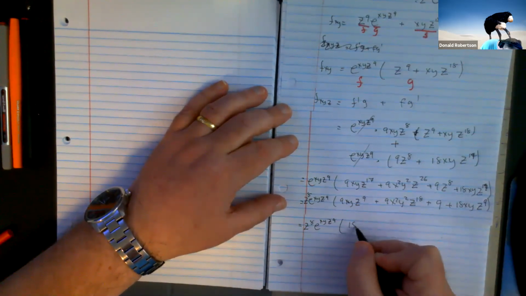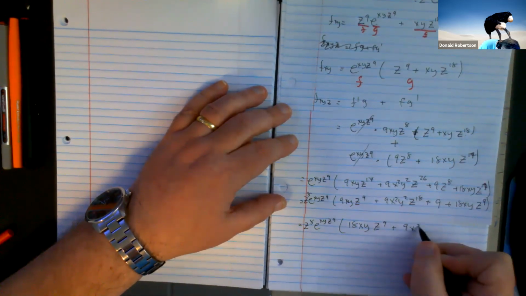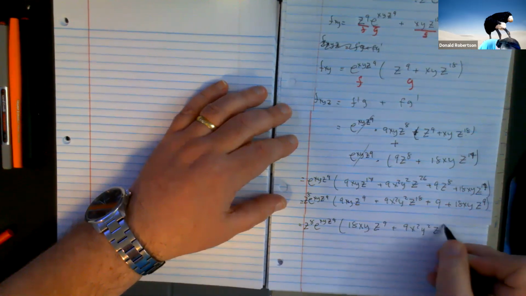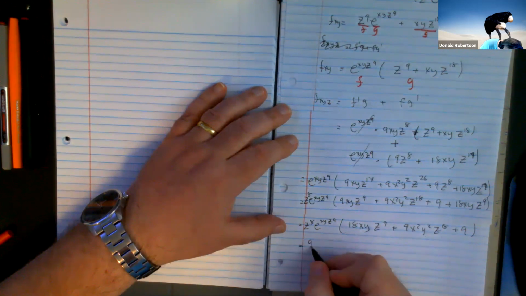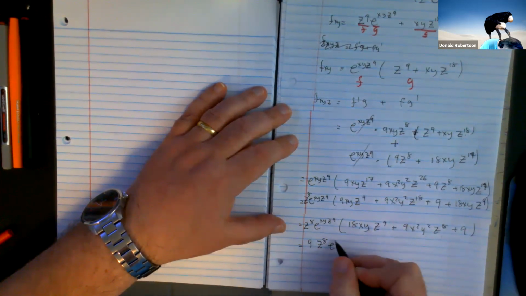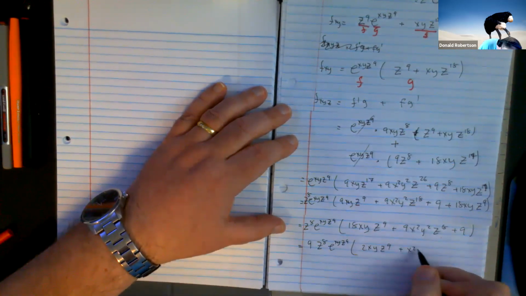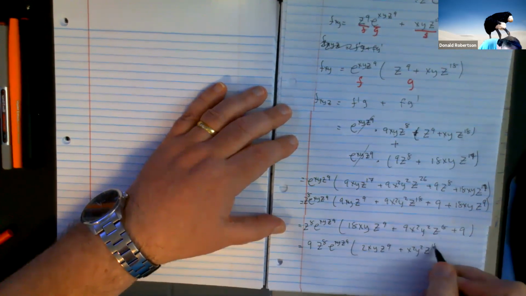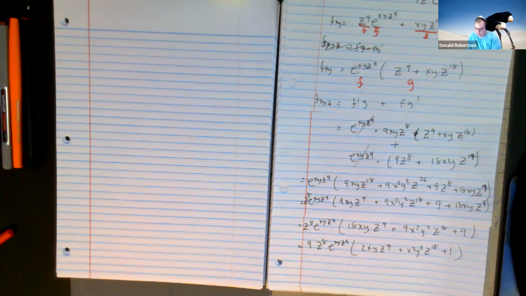So I get 18xyz to the 9, a 9x squared y squared z to the 18, and a 9. Oh, might as well pull out a 9. I can't see any more style points. That's as good as I can make that. Which is one downright ugly answer, isn't it?